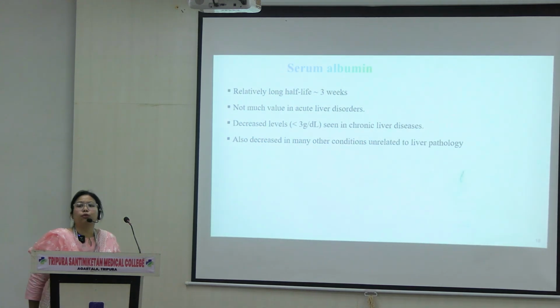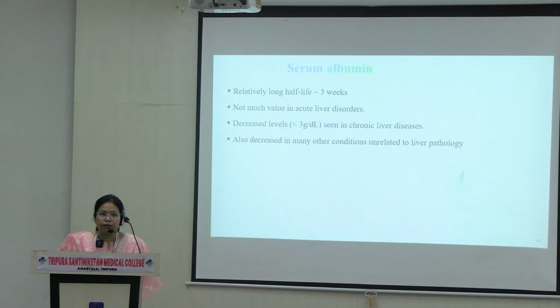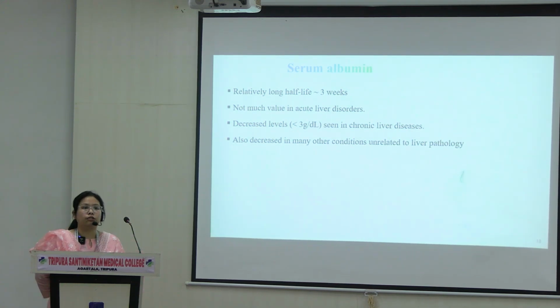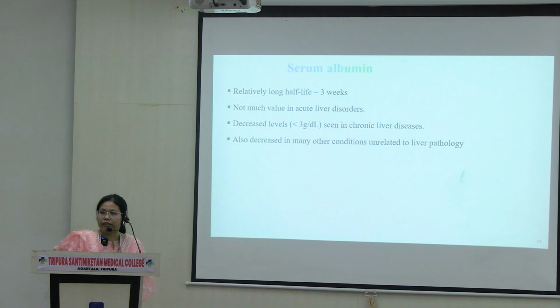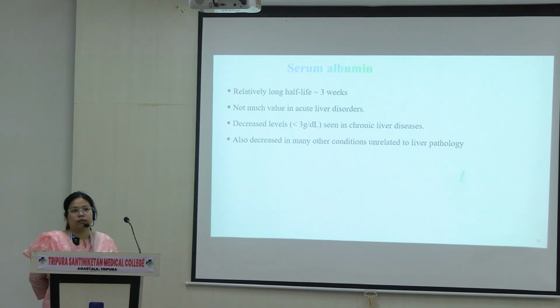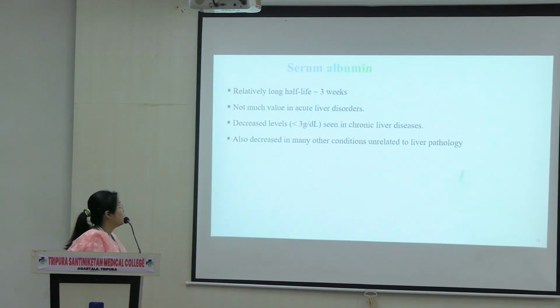There are other reasons also where ALP rises, because it is made in bones. Therefore, say growing children, they'll have rise in ALP normally. So we have to exclude those things as well. In pregnant ladies also ALP will rise. So that is not pathological.